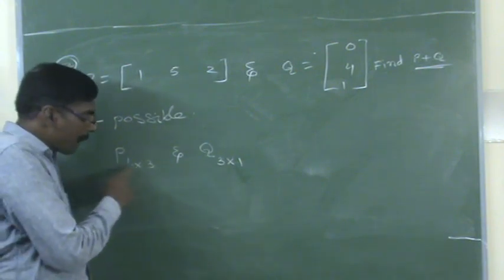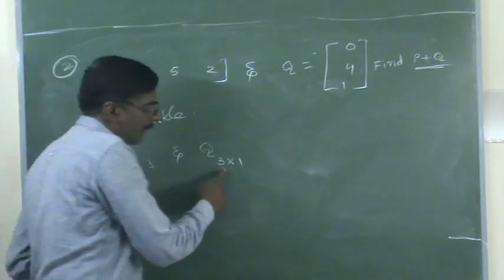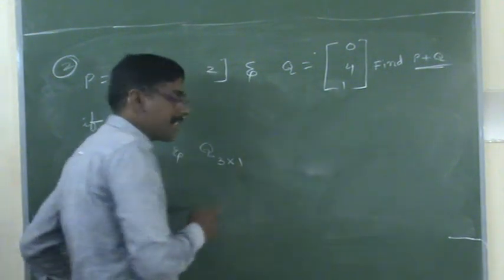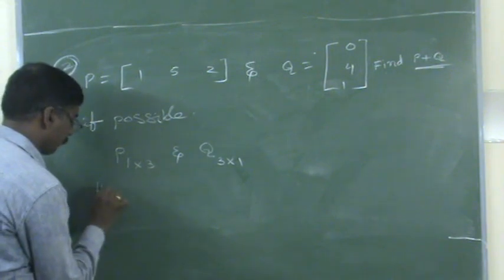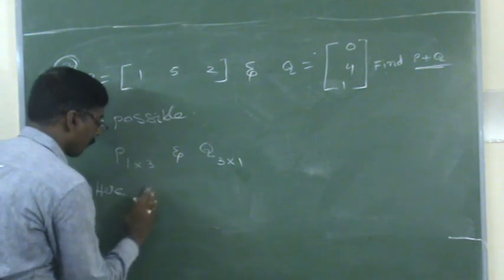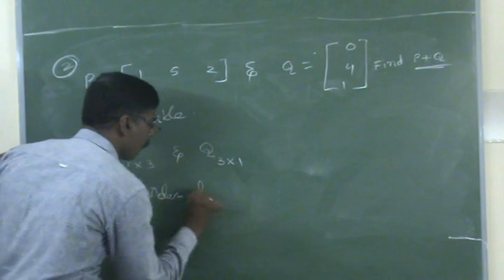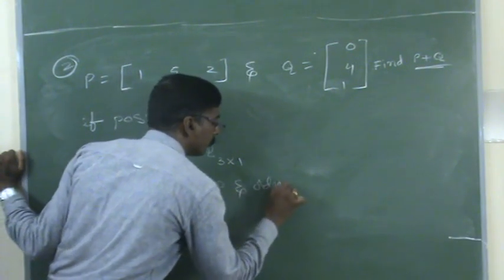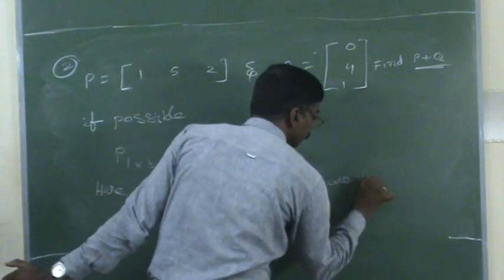1 by 3 means 1 row, 3 columns. What does 3 by 1 mean? 3 rows, 1 column. 100% their orders are not same. So the order of matrix P and the order of matrix Q are not same.